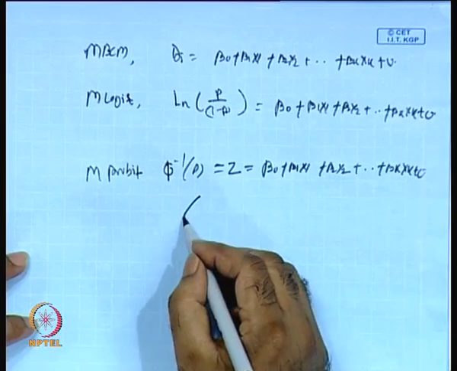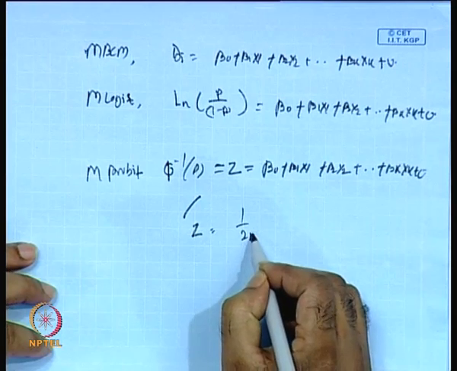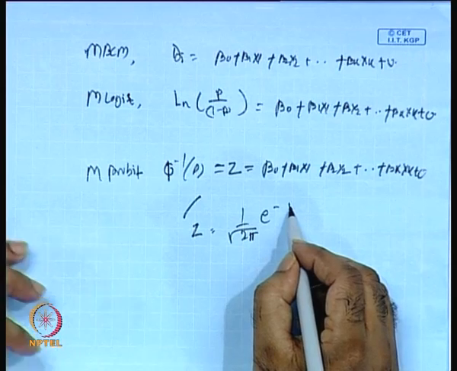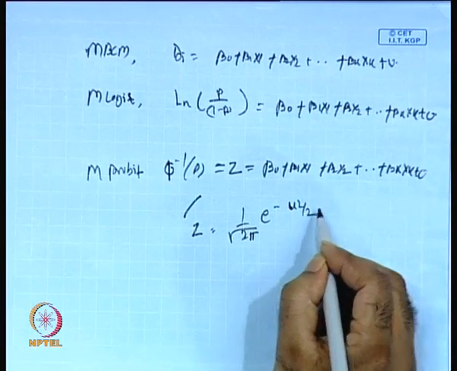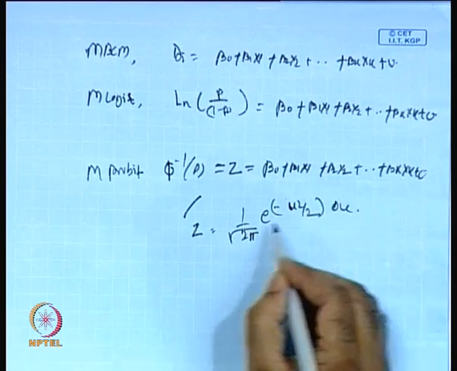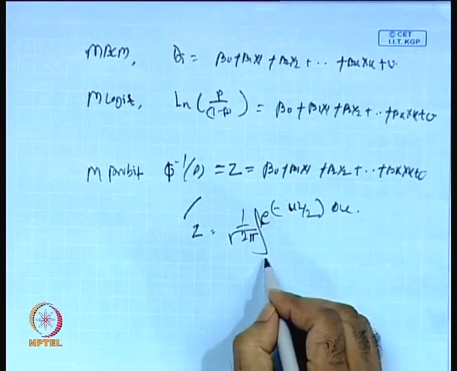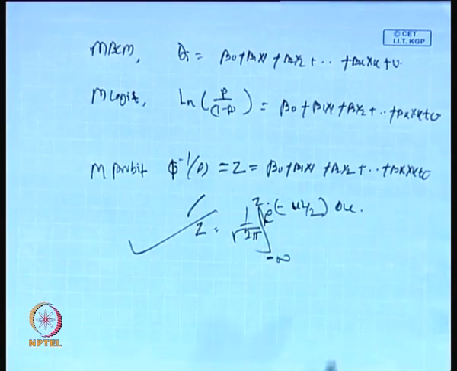Now here z is followed by 1 by square root of 2 pi, e to the power minus u square by 2, du, the integral from minus infinity to z. Okay. So, this is how the probability normal distribution function works.